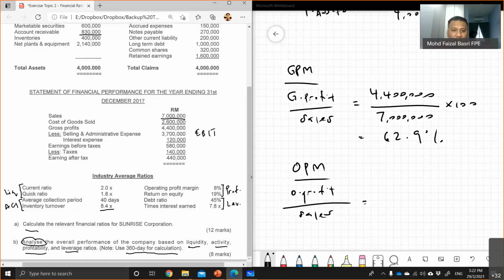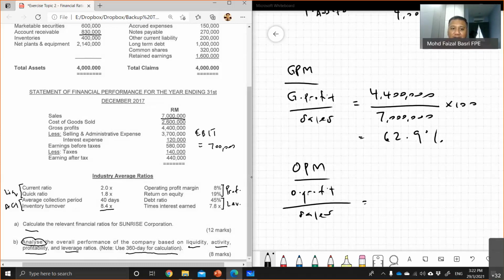I mentioned last week two ways to find it. Either you take gross profit minus the operating expenses, which is 4.4 million minus 3.7 million, so you get 700,000. Or you take earnings before tax and add the interest portion to get the EBIT.